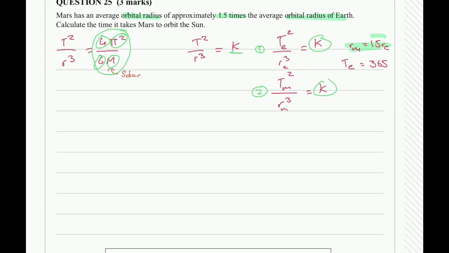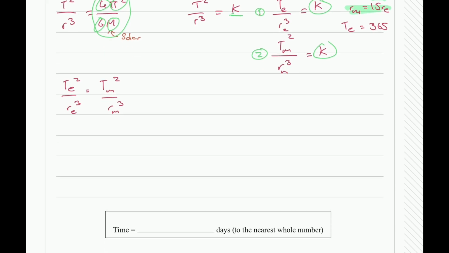So let's go through and set up our formulas now. We said equation 1 and equation 2 can be equal to one another. So TE squared over the radius of Earth cubed is equal to T Mars squared over the radius of Mars cubed. Our next step would be substituting into it. So we have TE, which is our 365 squared, over RE cubed.